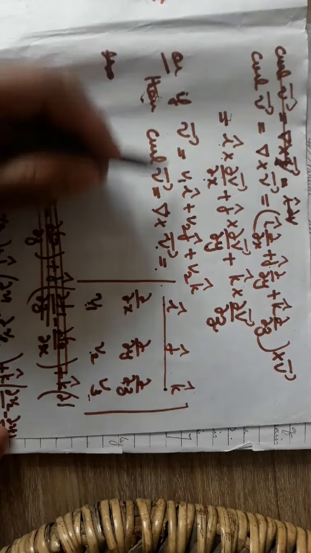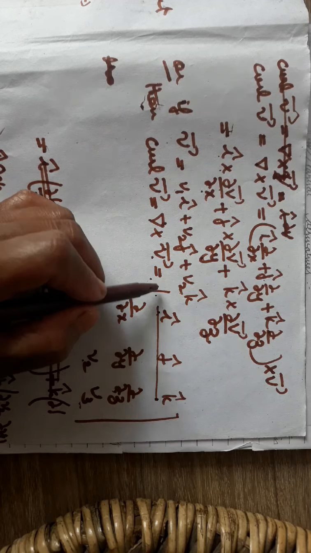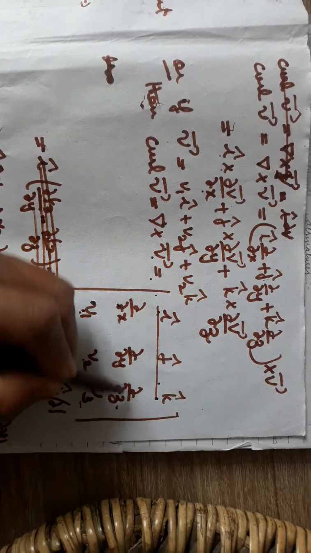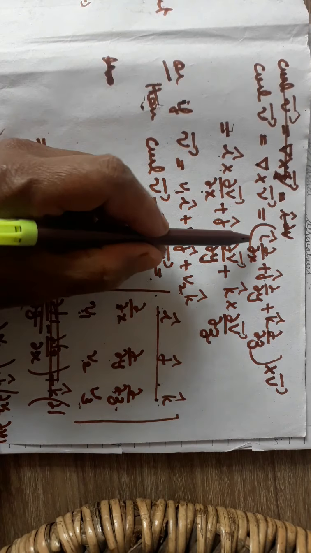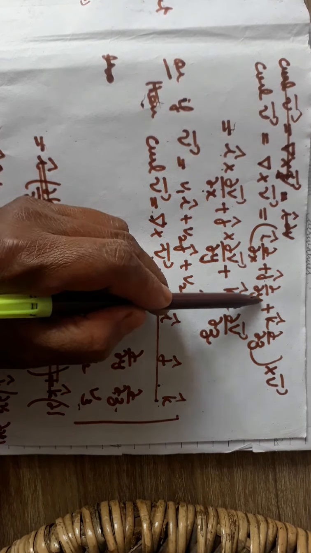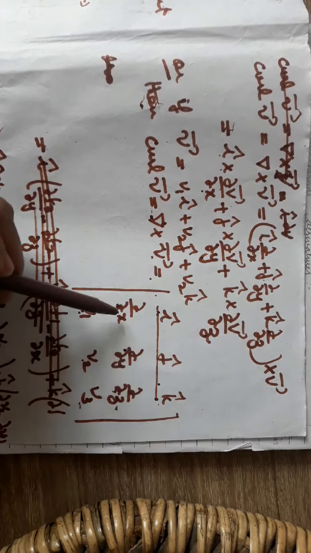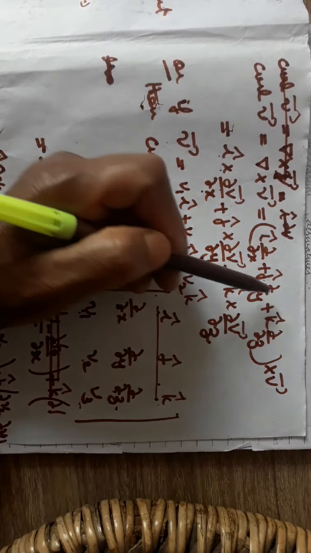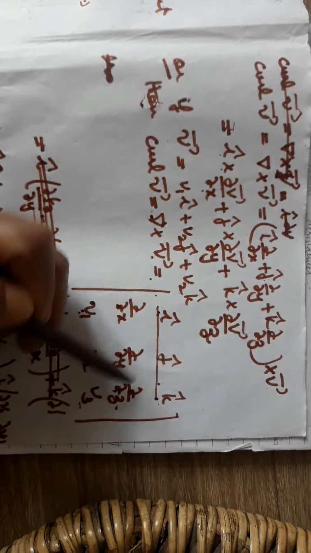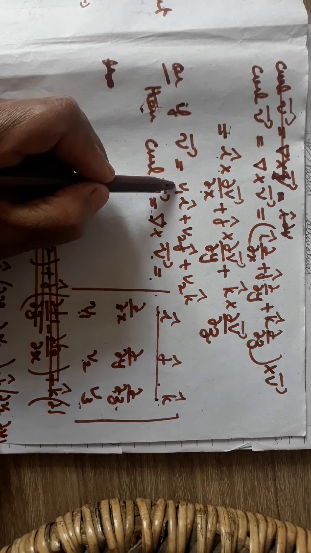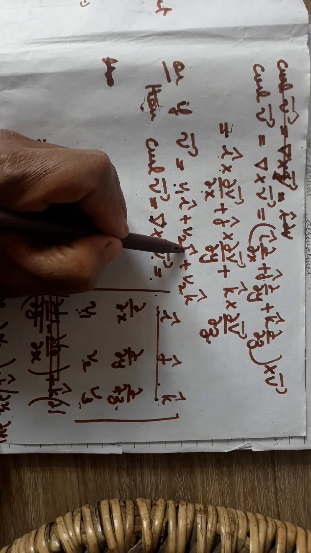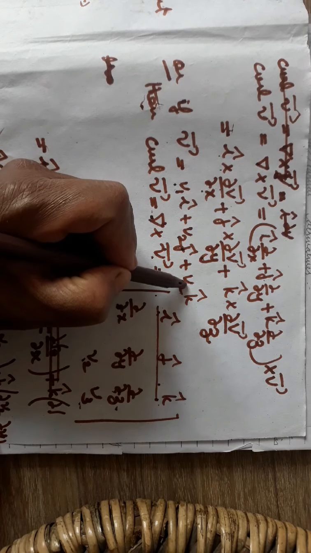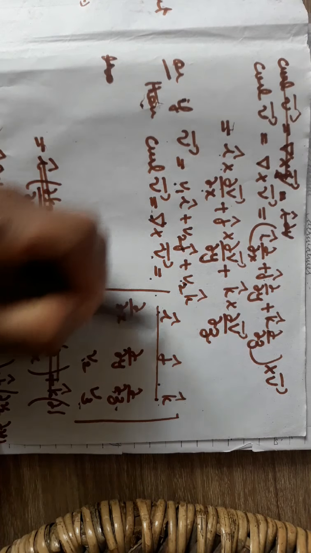It is not correct. Always remember that the first row should be i, j, k, and the second row should be the coefficients of i, j, k of the operator del, that is, the coefficient of i is del x, of j is del y, and of k is del z. The third row will be the coefficients of this vector, that is v1, v2, v3.